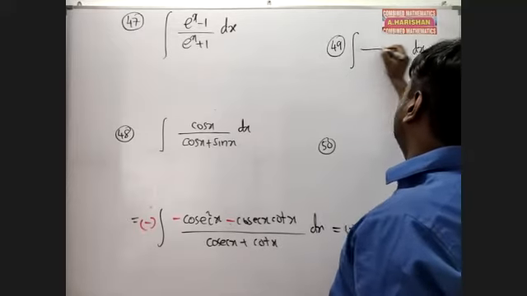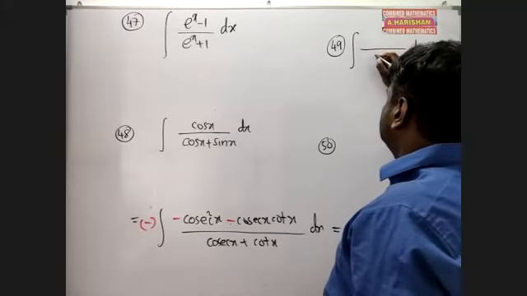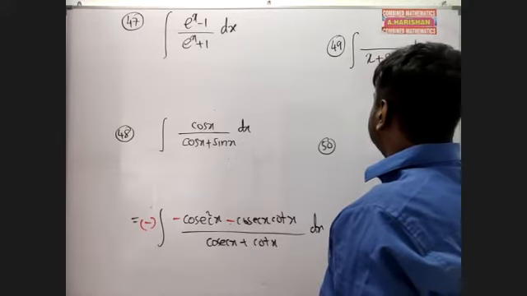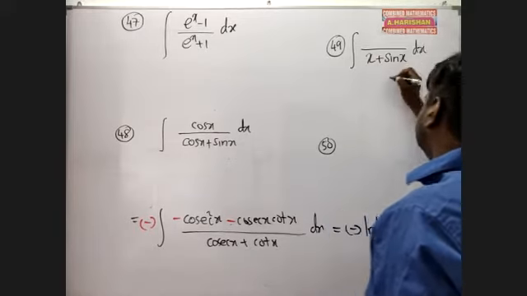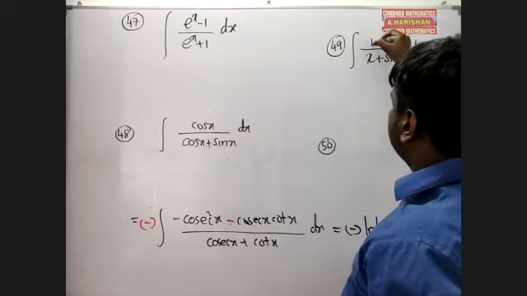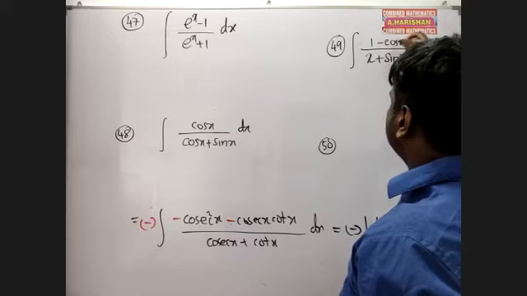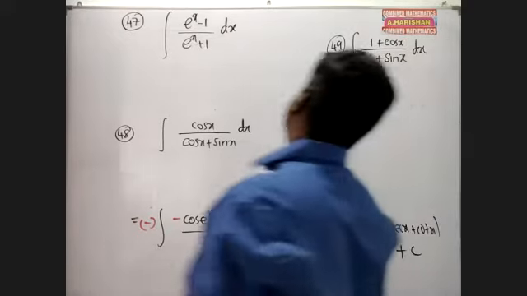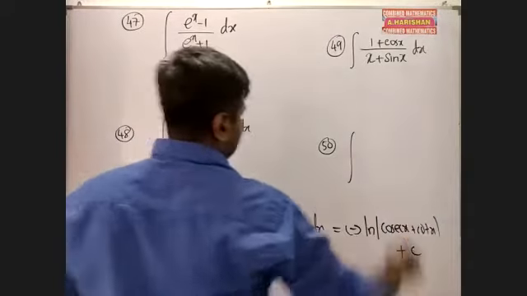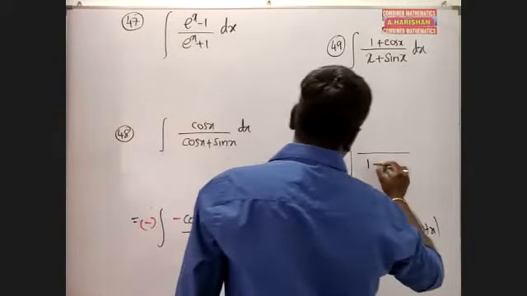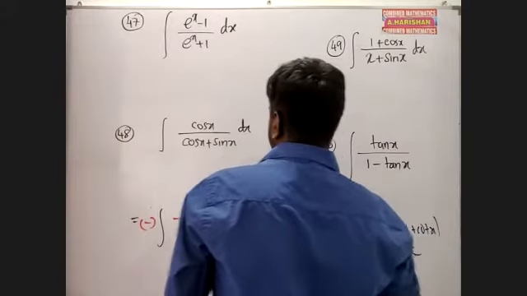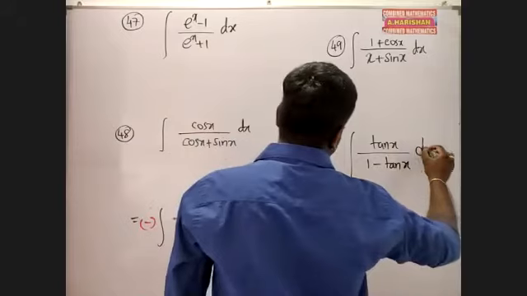So I'll do something else. x plus sin x into 1 minus cos x, so 1 plus cos x. This right away you can do easily. 49 is the easiest one. The 50th one, I can say 1 minus tan x over tan x, dx.